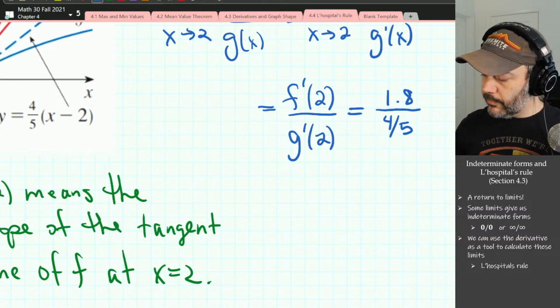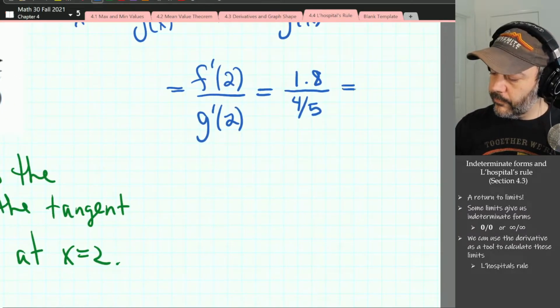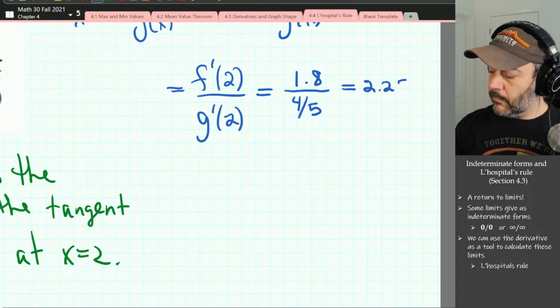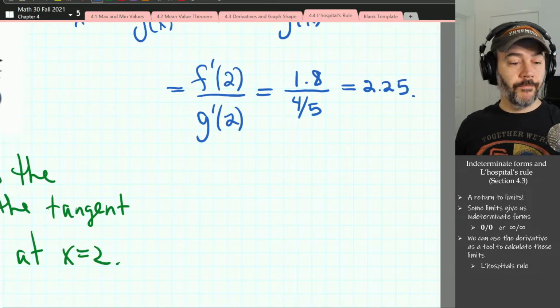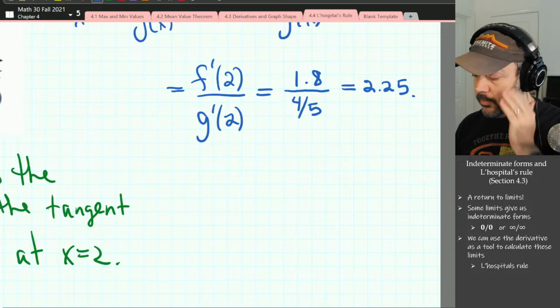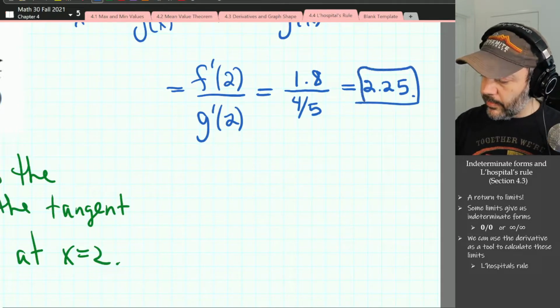And we get 2.25. Two and a quarter. Okay, cool. So that's that. We have calculated that one.